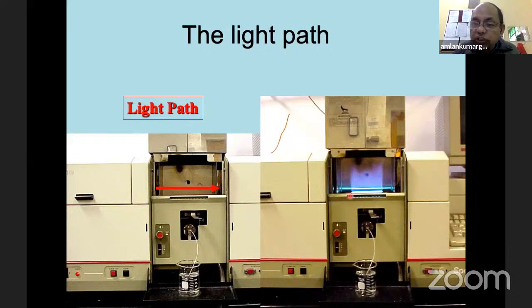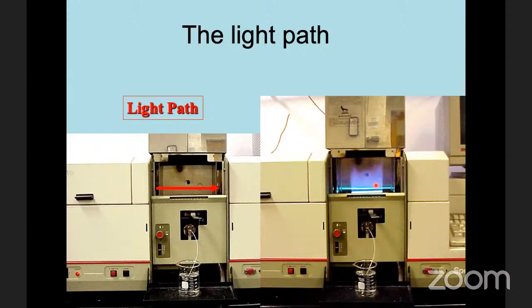And that is what you can see in this flame. So when it passes through the flame, atoms of iron in the ground state can absorb radiation of the specific resonance wavelength of iron. Do you get it? Yes, sir. Okay.